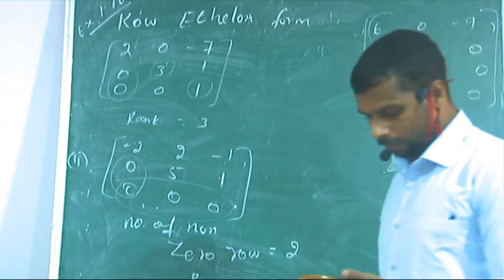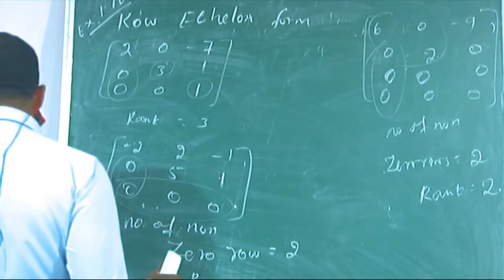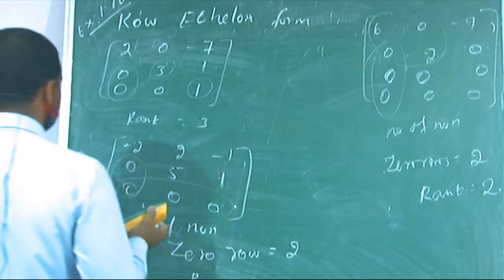Example 1.17. What is the question? Find the rank of the matrix by reducing it to a row echelon form.